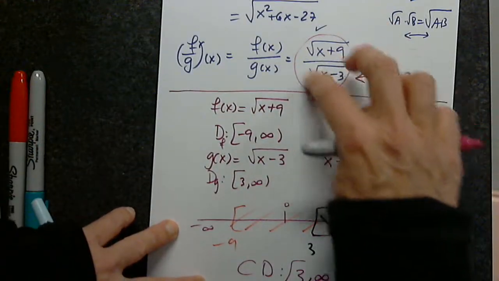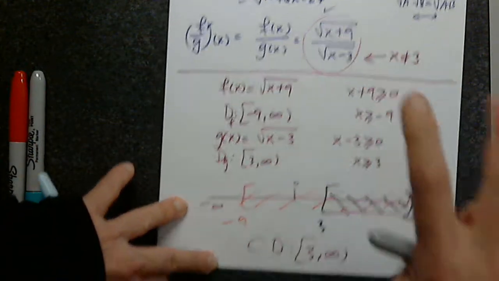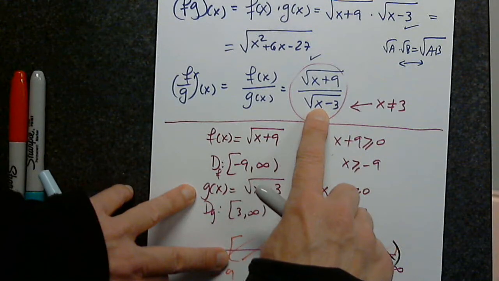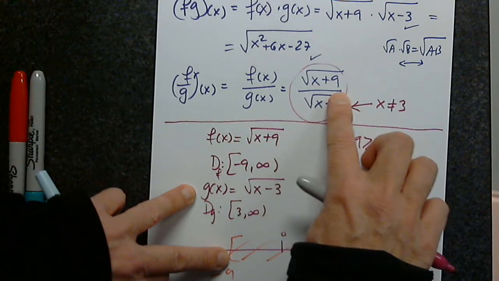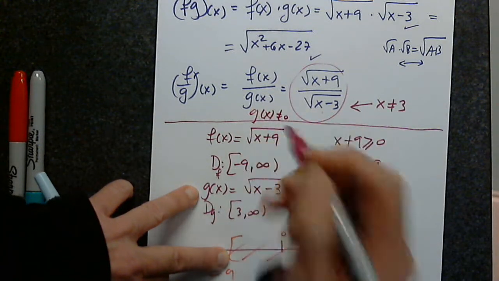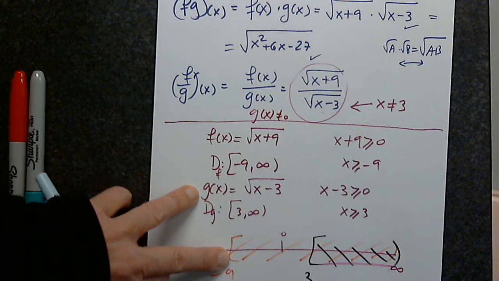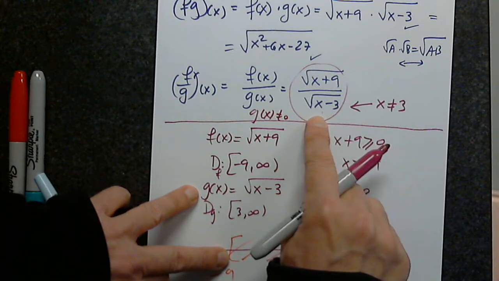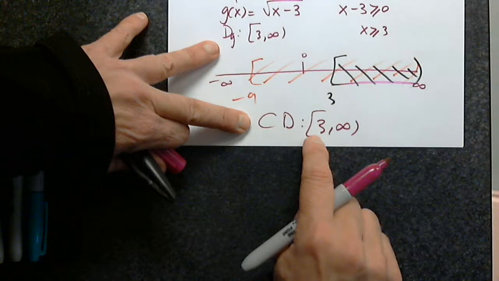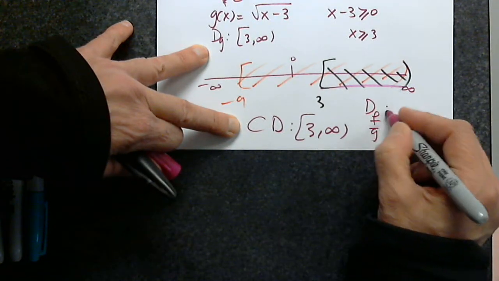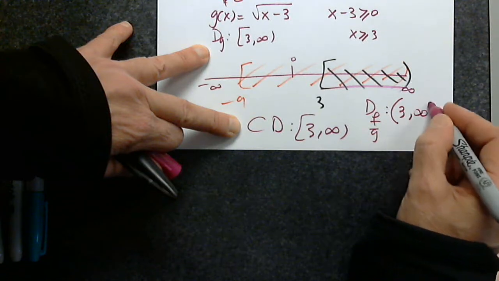I determine the domain where they both exist, but now one of them is in the denominator, so this cannot be 0. Remember, we can create the ratio only if g of x is not 0. If g of x is 0, we can no longer create the ratio. So there is only one point, x equals 3, that I have to exclude. So the domain of the ratio is 3 to infinity.